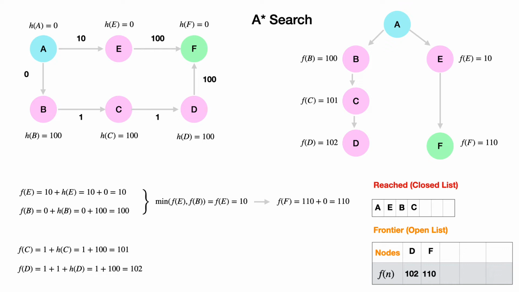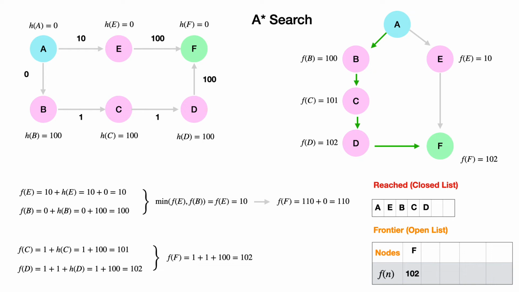C has only node D as the child node. Once again, in the frontier, the cost for D is 102 and cost for F is 110. Still the node D has lesser cost than F, so node D is popped and placed in the closed list. And we can see now from node D to node F, the path cost is 100.